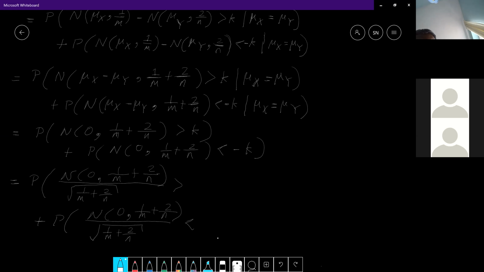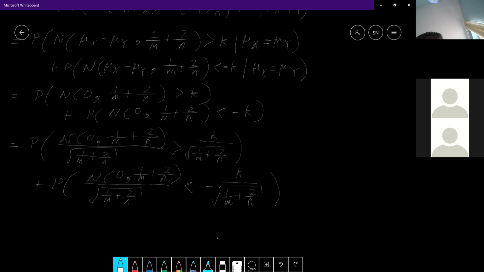So this should be k divided by the square root of 1 over m plus 2 over n. Okay, and the same thing here, minus k divided by the square root of 1 over m plus 2 over n. Okay.